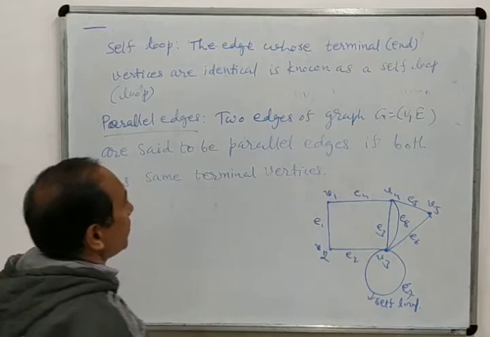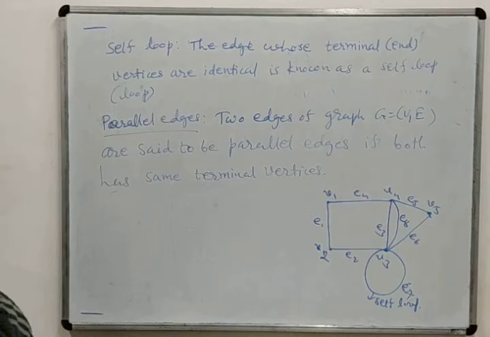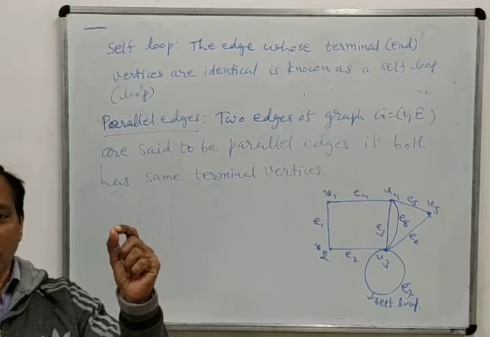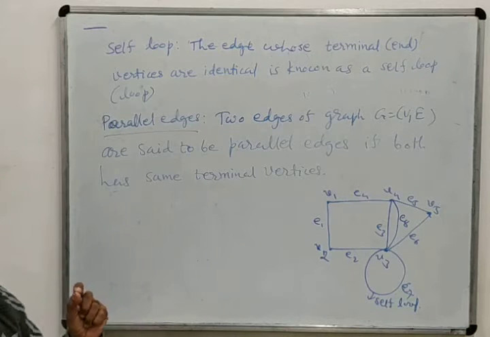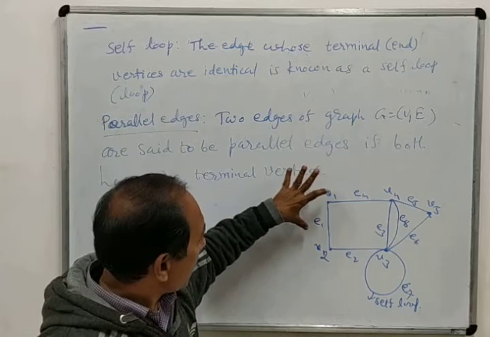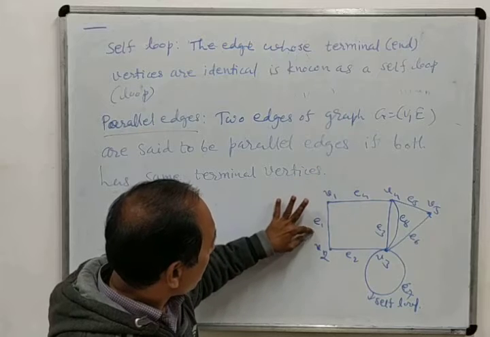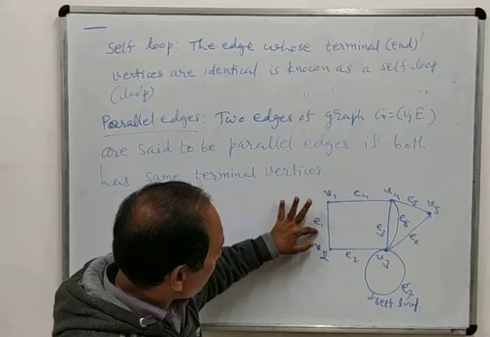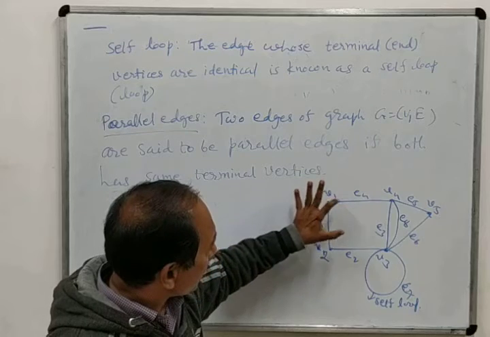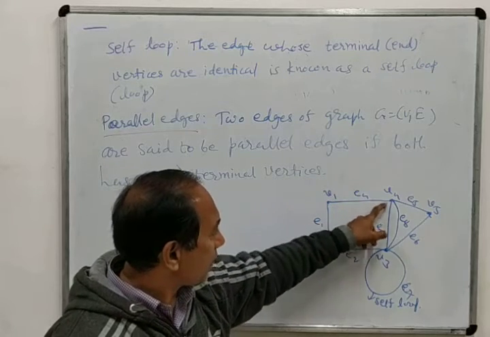So two edges that have the same terminal vertices, the same endpoints, are known as parallel edges. Here, E1 and E4 are not parallel edges because E1 has the end vertices V1 and V2, and E4 has the end vertices V1 and V4.